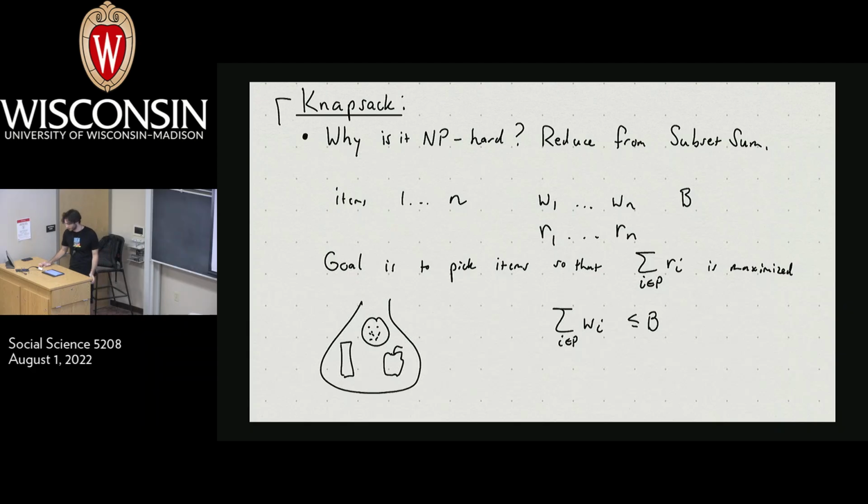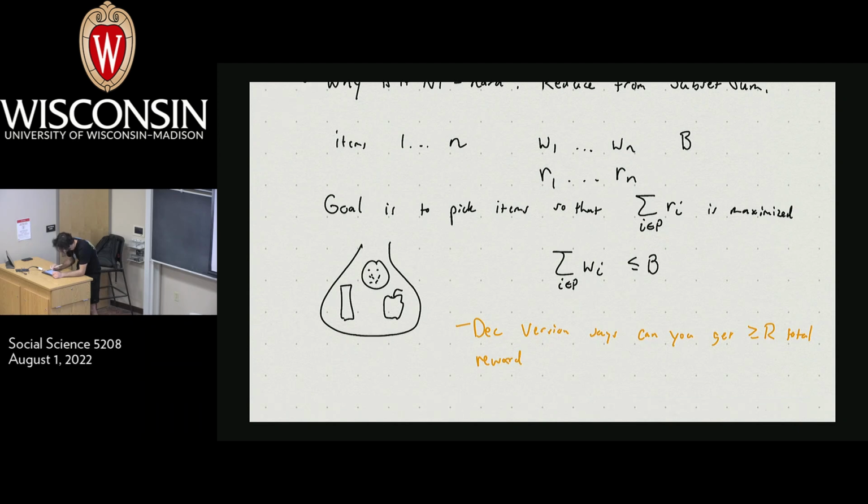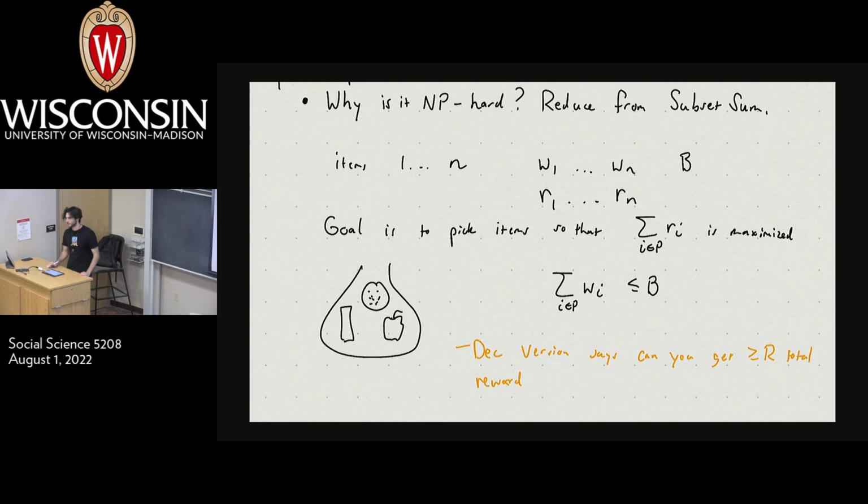Okay, so the decision version of the problem says, can you achieve at least a certain amount of reward? So the decision version says, can you get at least R total reward? So how do we reduce subset sum to this to prove it's NP hard?